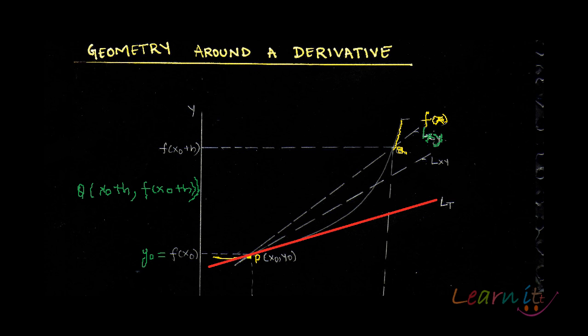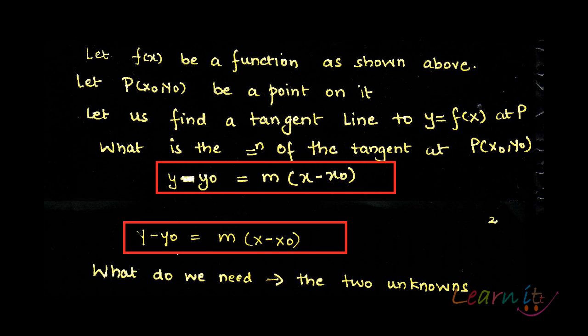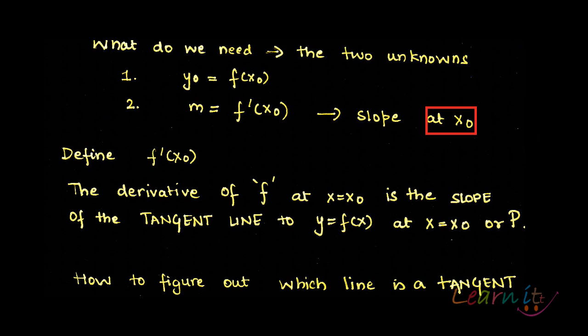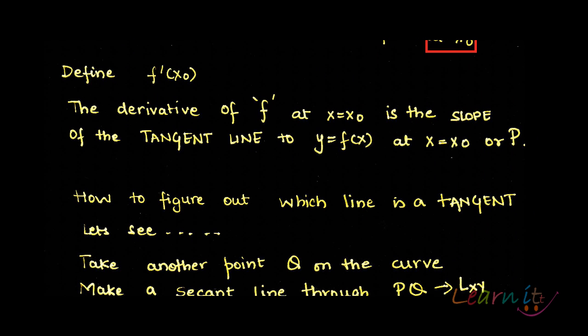Now, how do we reach the slope of this line is the question. Now we have a definition for f dash x0, or the slope. How do we figure out which line is the tangent? That's the most important part.